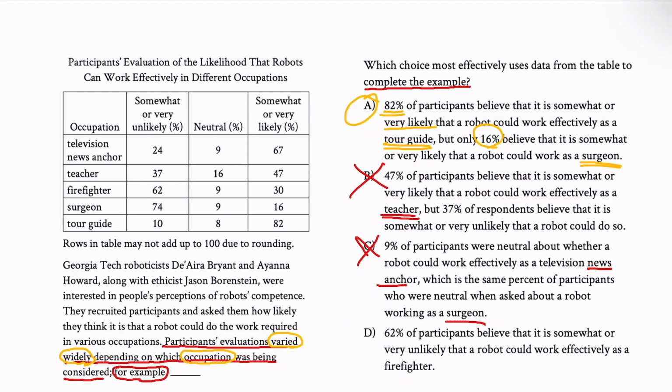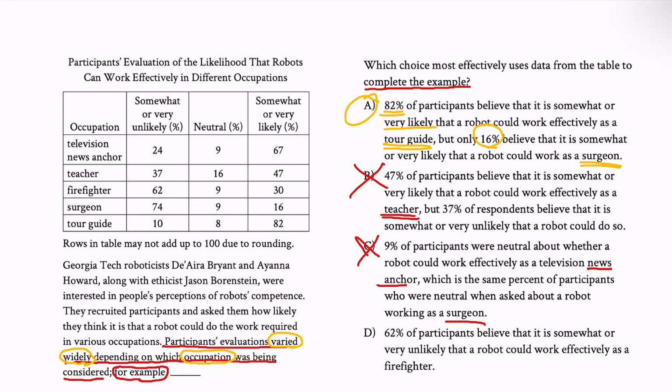C could be correct, yeah, because it's 90% neutral for TV. But how is it not correct? That's my question. So why is C not correct? I don't know.